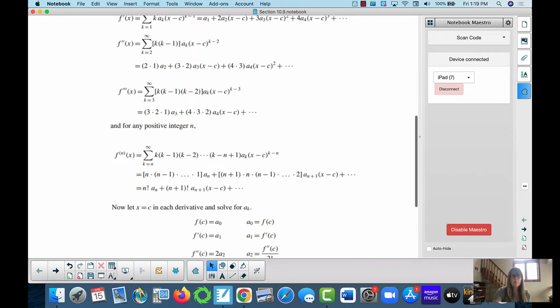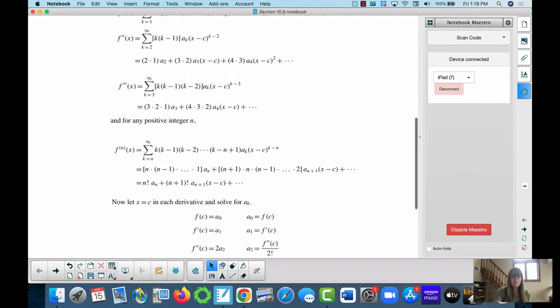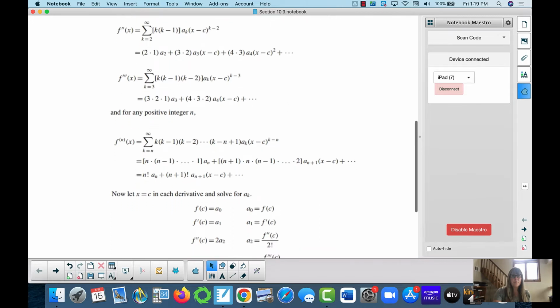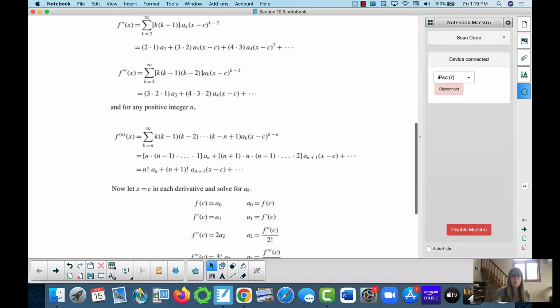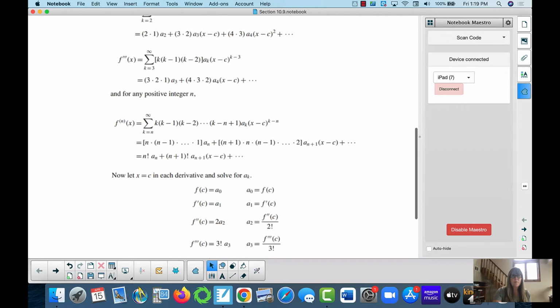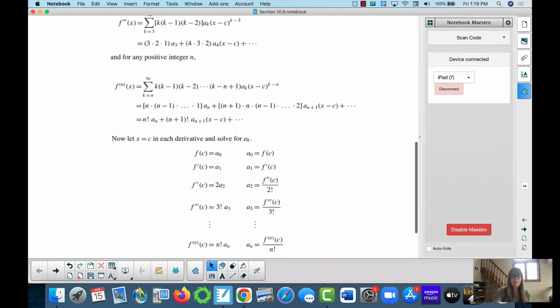Because in this case we had the third derivative and this went to k minus 2. So for each derivative, instead of the k's, we would have n for the nth order. If it was the fourth derivative, n would be 4, fifth derivative, n would be 5, and so on.